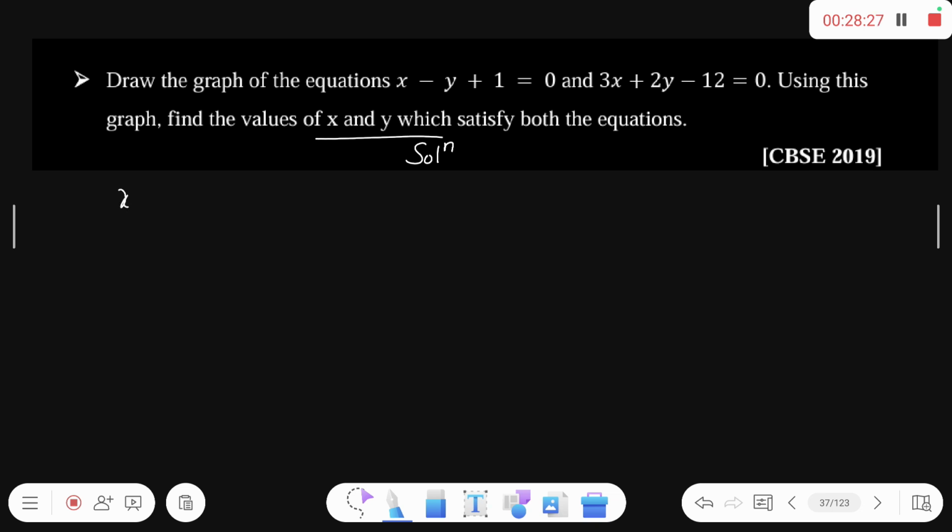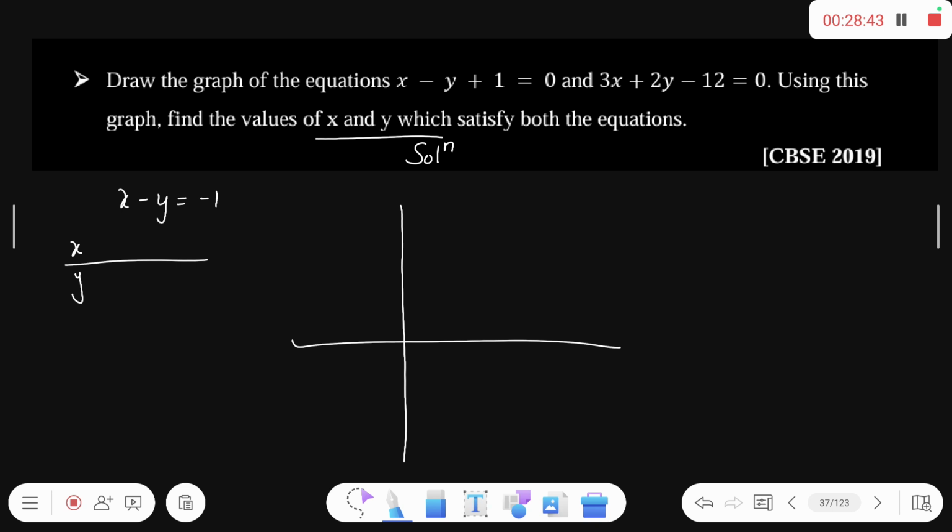So x minus y plus 1 equal to 0, or we can write it like x minus y is equal to minus 1. For x and y, if x is 0, y is 1, and when y is 0, x is minus 1. So this is the solution for the first equation.